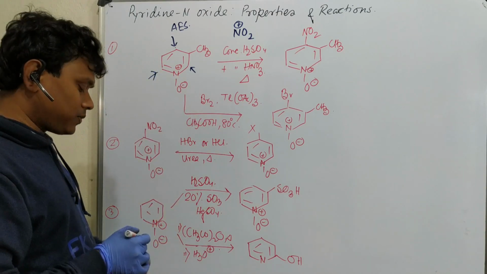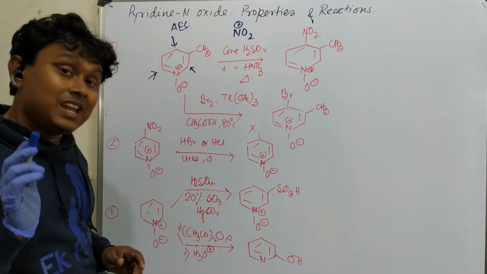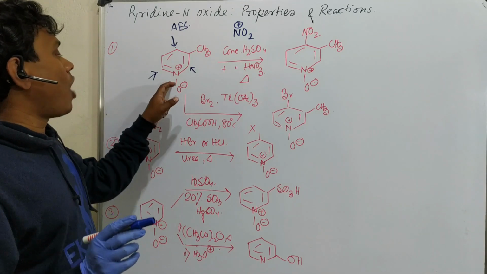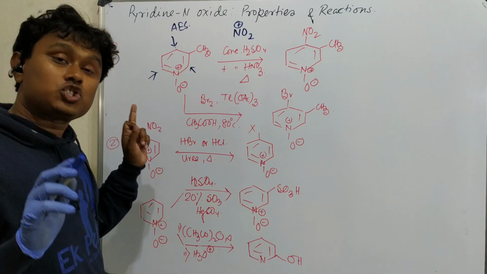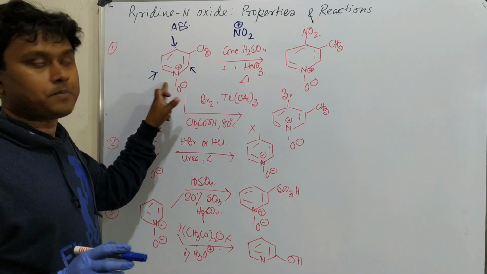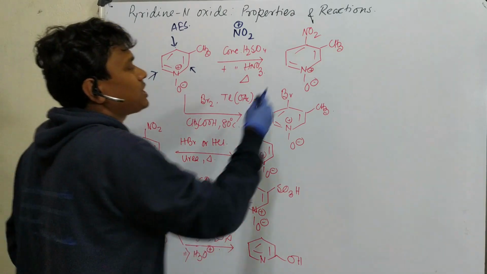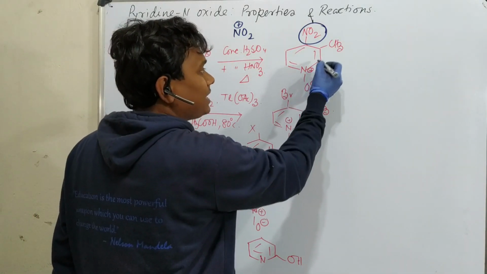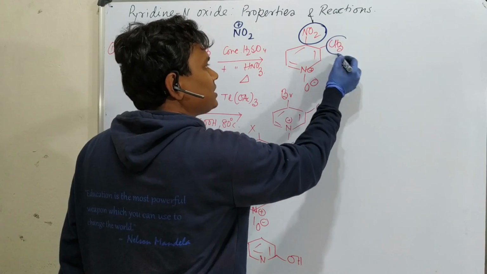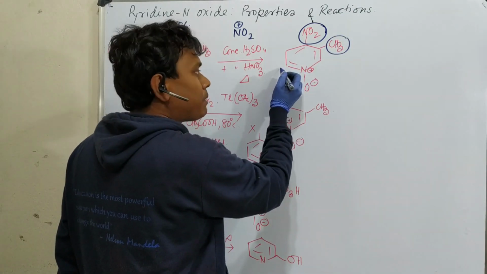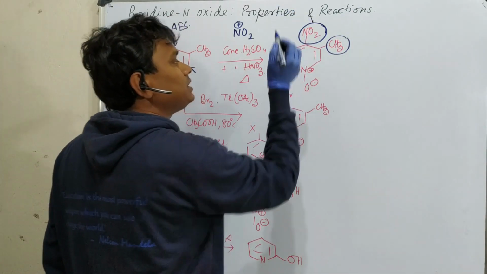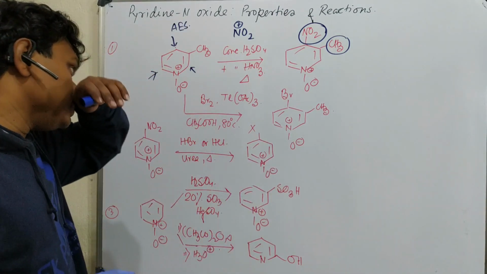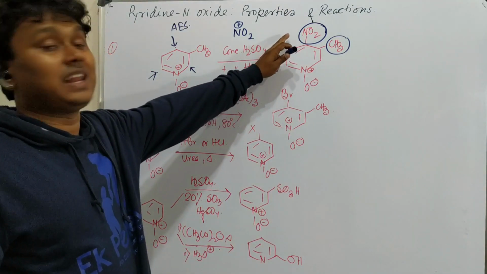The purpose of this problem is to show you the selectivity of this process, how much selectivity and how strong the contribution of this group is. So that is the reason why nitration happened at this position. The contribution of this is higher compared to this, because the methyl group prefers the para position, but here it is this position. So it means the contribution is more anti-selective.